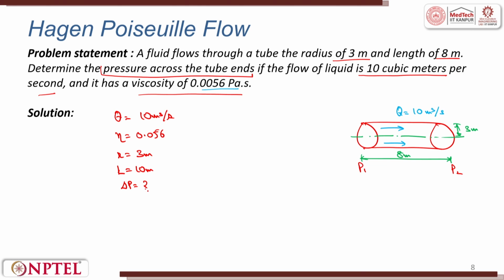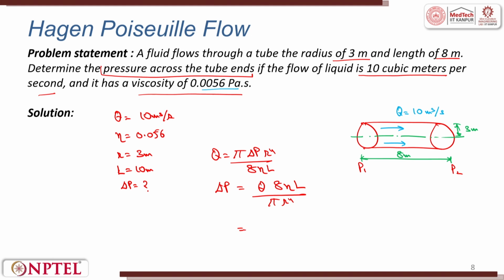Just to put the relation once, we know Q is equal to pi delta P r power 4 by 8 eta L. That means delta P is equal to Q into 8 eta L by pi r power 4.